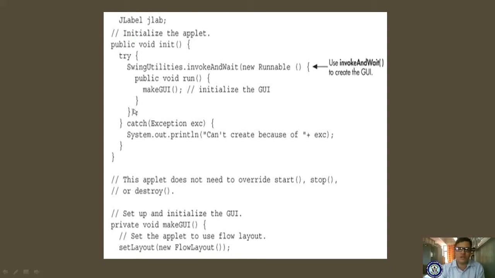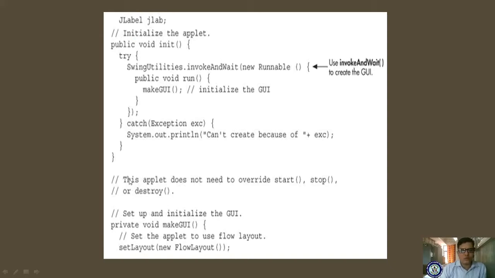So if any error occurs here, it will be caught by the catch block, and it will be displayed here, and here your init method ends. Here the try block ends.